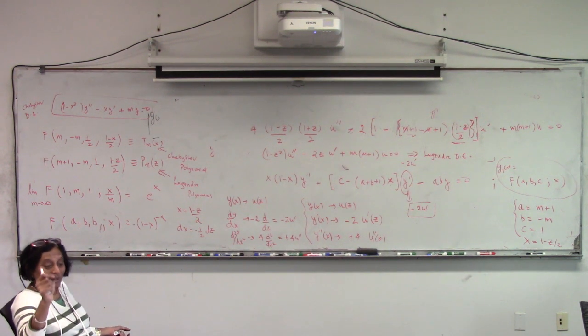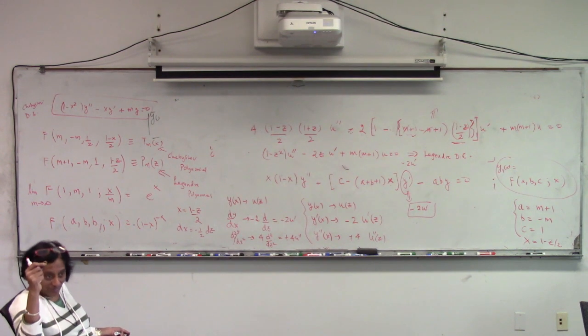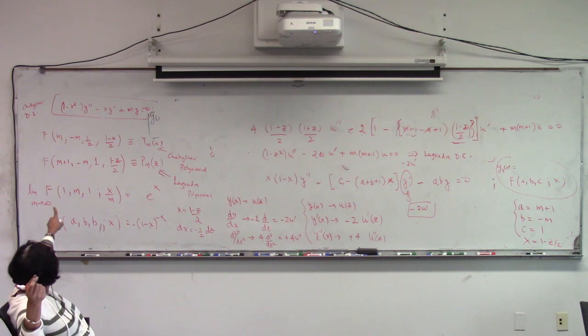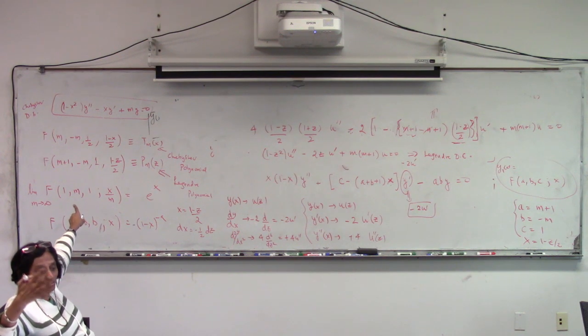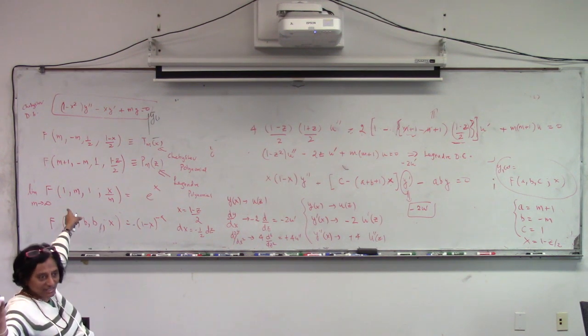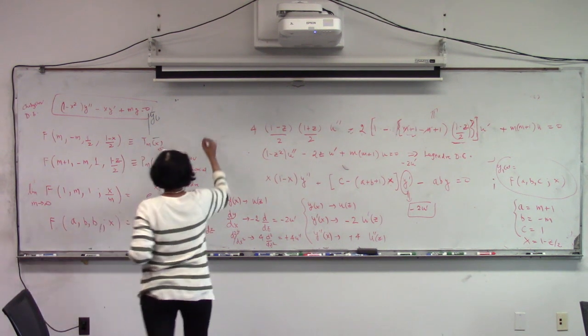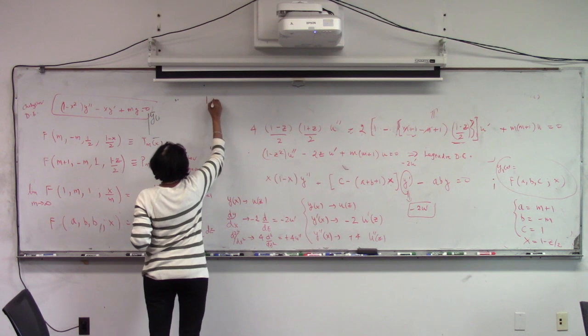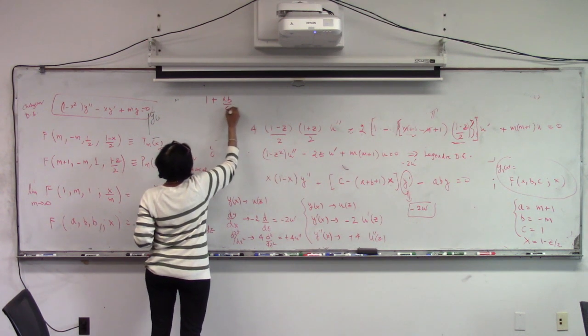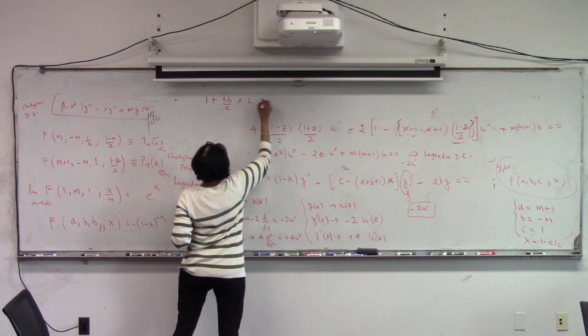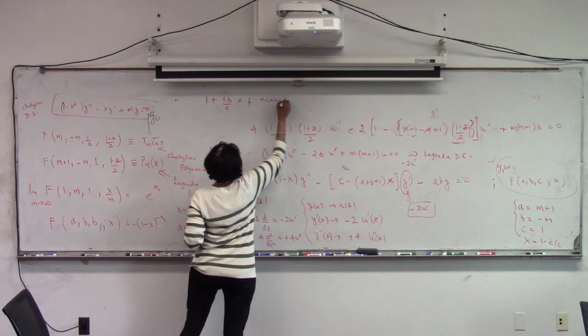Because 1 plus ab over c times x, that's a term. So you can write the solution now fairly easily. The solution will be 1 plus what? AB over C times X, A times.